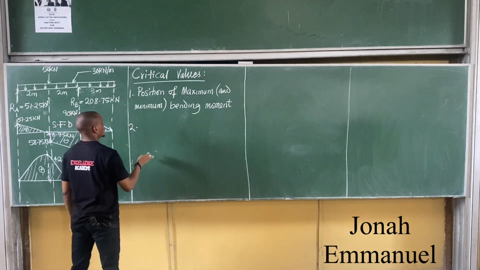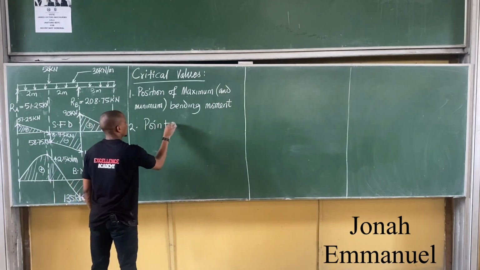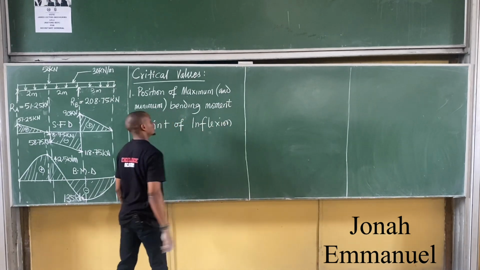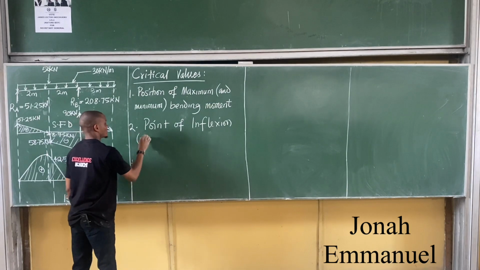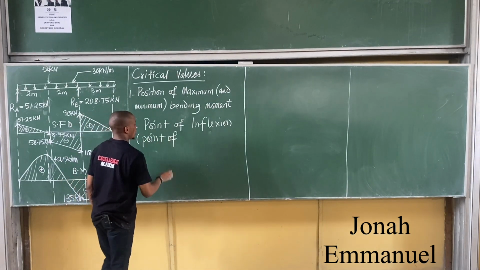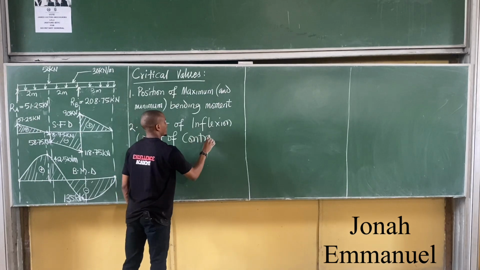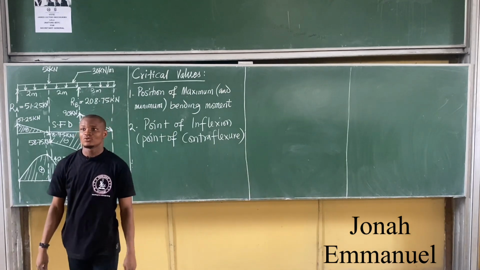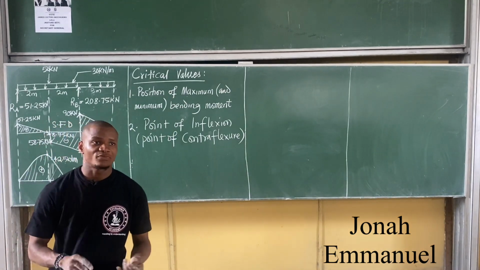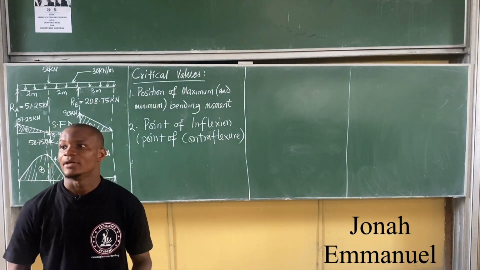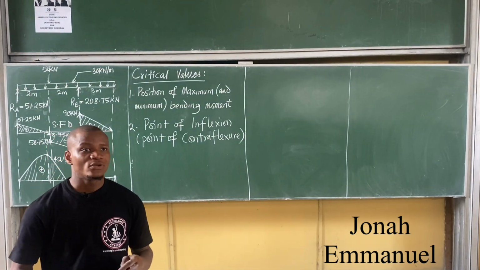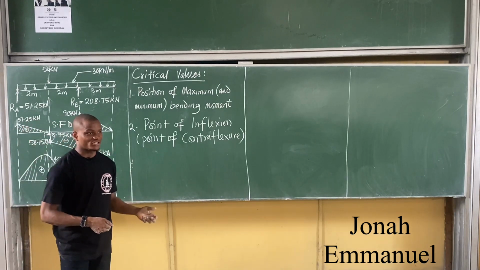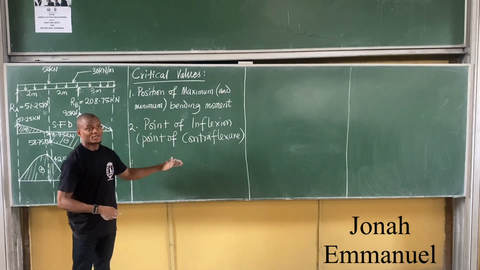The second one is called the point of inflection, also known as the point of contraflexion. Alright, so these are like the two most important, right? The position of the maximum and the minimum bending moment, and also the point of inflection, also called point of contraflexion. I'll give you short notes of this and proceed please.